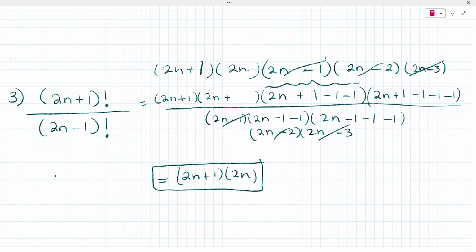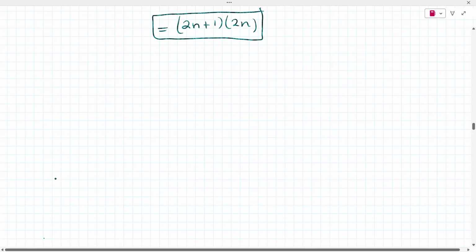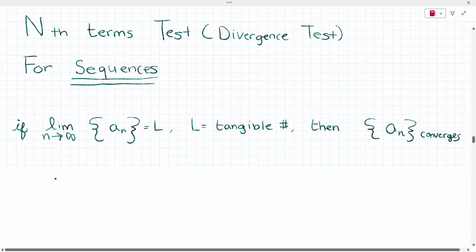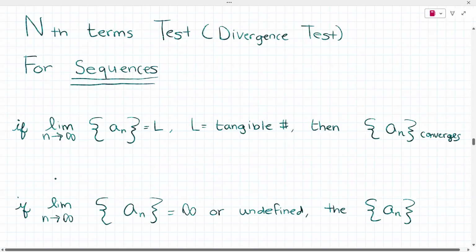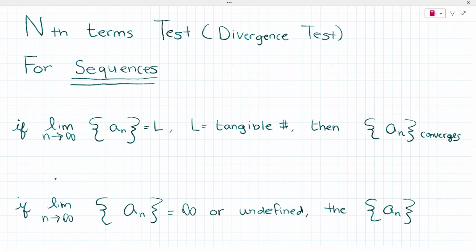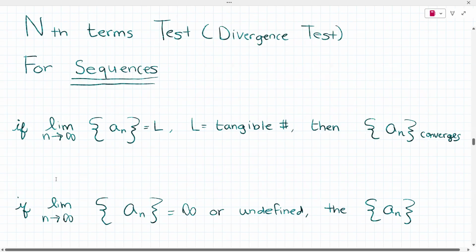Okay. So now let's talk about the nth term test, the divergence test for sequences. If the limit as n approaches infinity of a of n equals a tangible limit, then a_n converges. So basically, if it comes out as a real number, it converges.